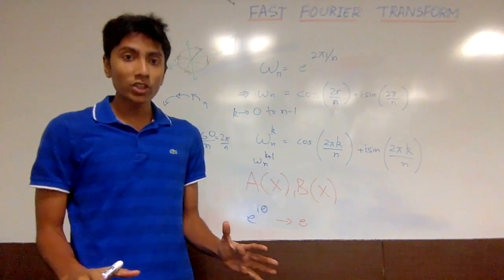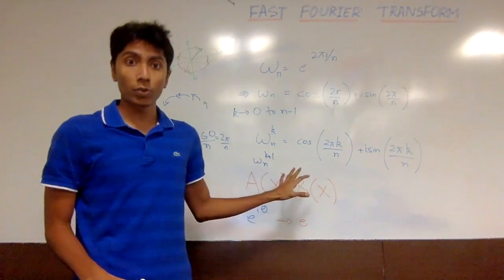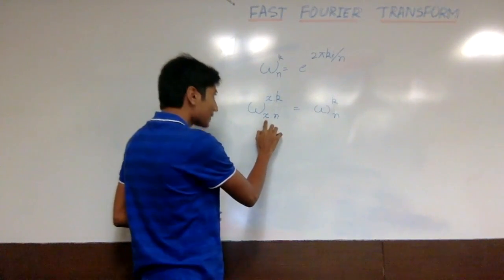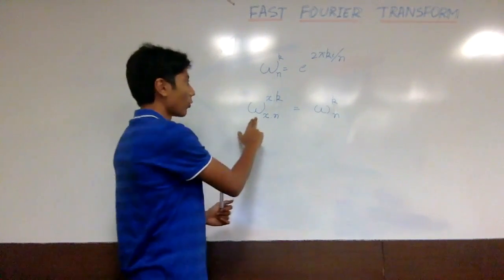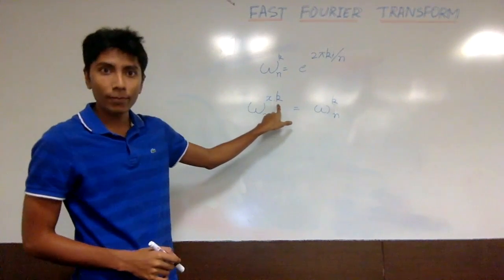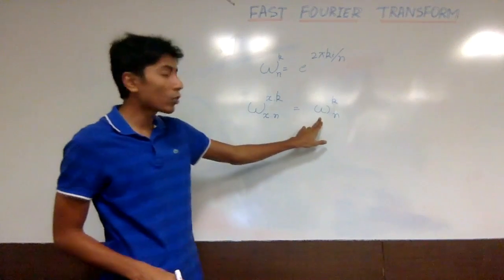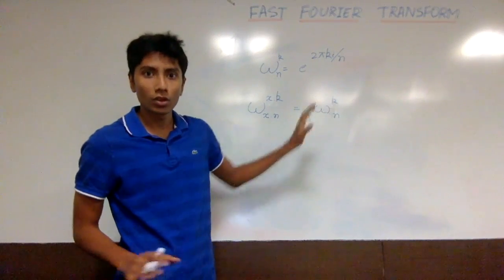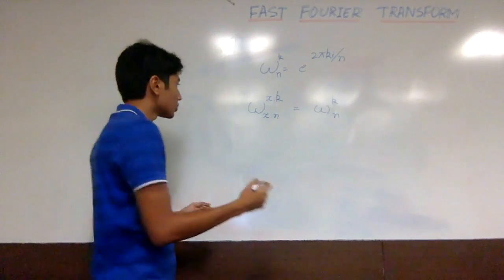Why are these so special? Let's find out some properties about these points. The first property is that if you have the x times nth root of 1 raised to the power x times k, then that is equivalent to the nth root raised to power k. Just a simple property, I'll just prove this.